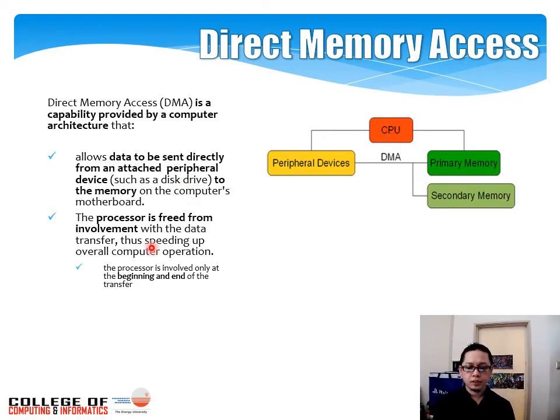So here the processor is freed from involvement in the data transfer, thus speeding up the overall computer operation, because the CPU can execute other processes instead of having to monitor the progress of the I/O data transfer.